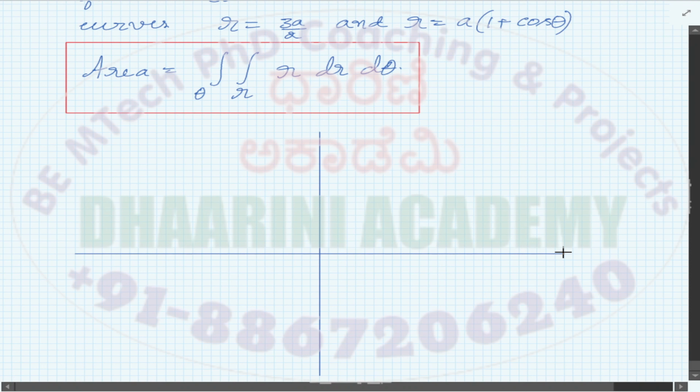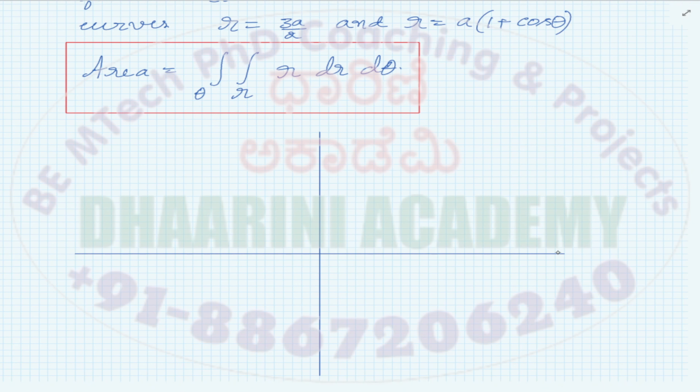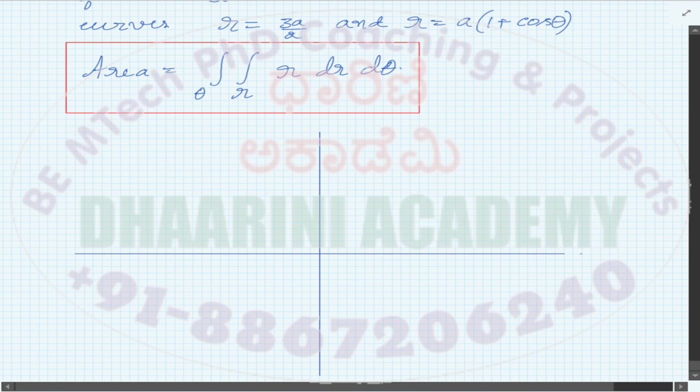This is the x and y coordinate axis. Anyway, we are using the x and y axis just for notation purpose. It's not being used in this problem because the whole problem is in terms of polar coordinates.